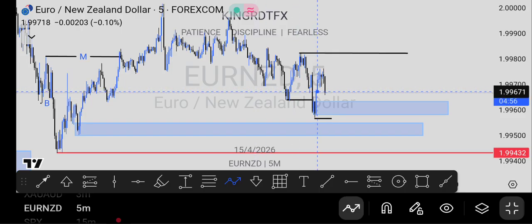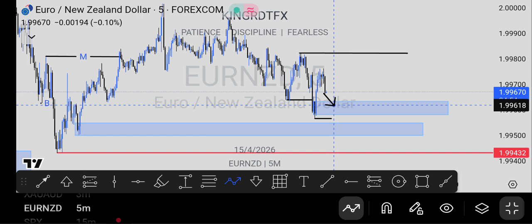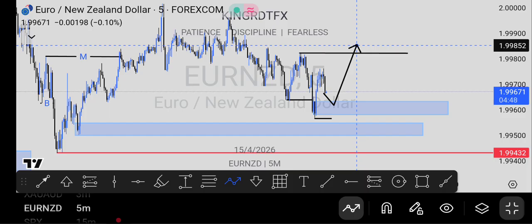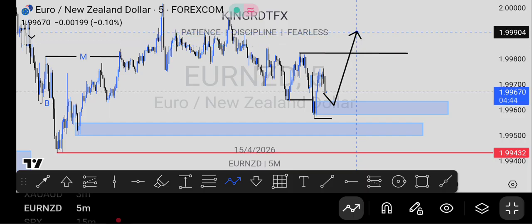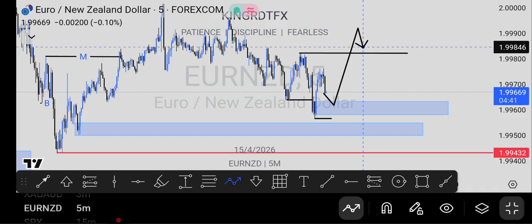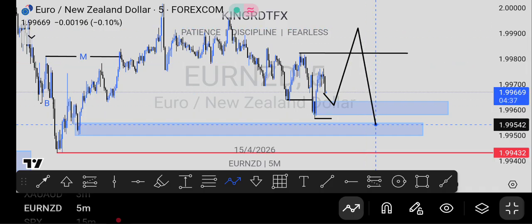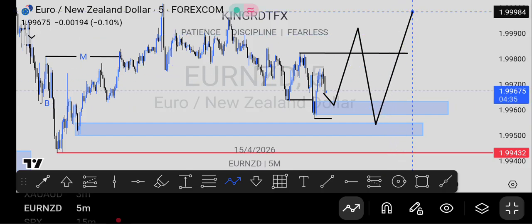Price is gonna come here, hit this order block, move up, and then create a market structure shift. There's an order block there, boom, then comes down, hit this order block, and then it moves up, right?